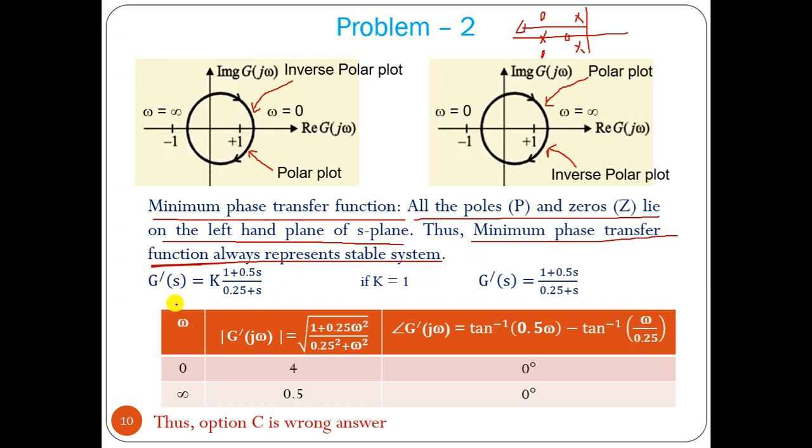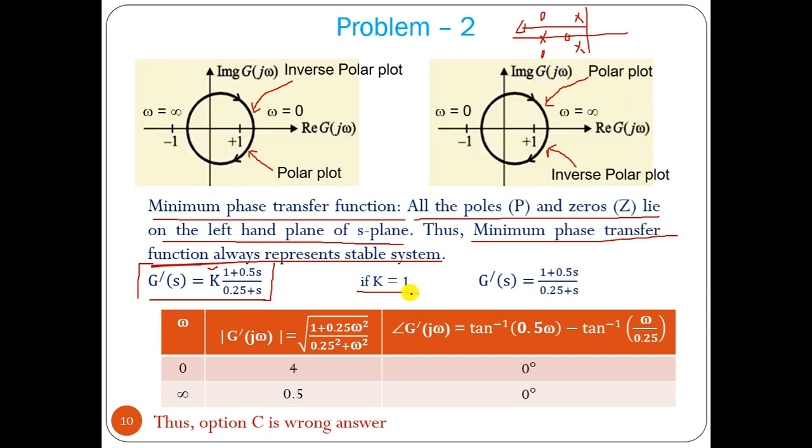Now let us take an example of a minimum phase transfer function, so that we can analyze whether we are getting this one as a minimum phase transfer function or not. Take a minimum phase transfer function with gain parameter K, (1 plus 0.5 s) divided by (0.5 plus s). That means we have a zero and a pole in the left half plane.